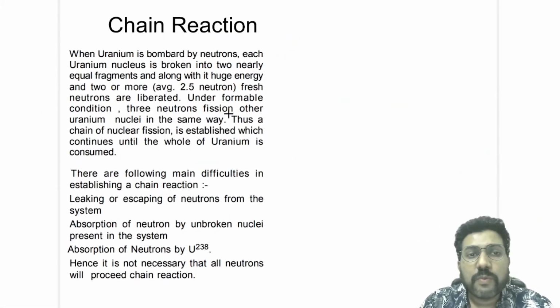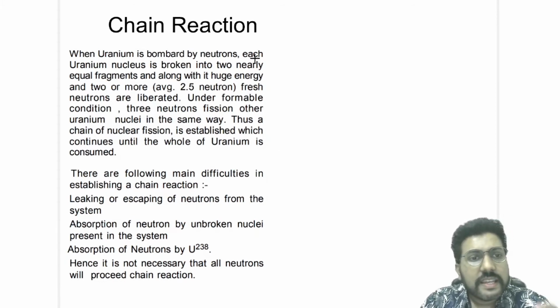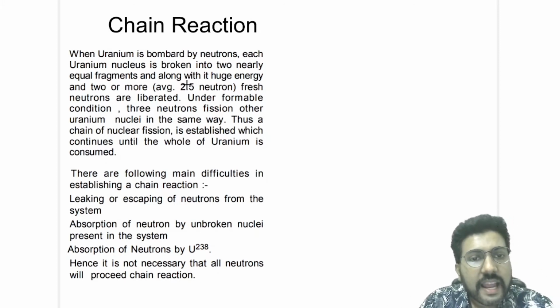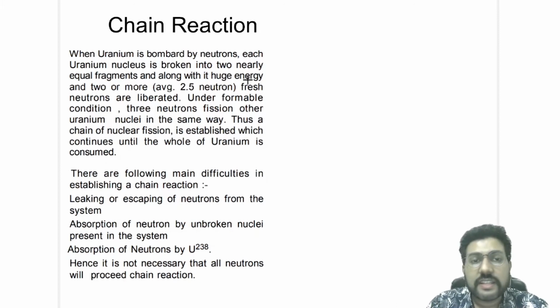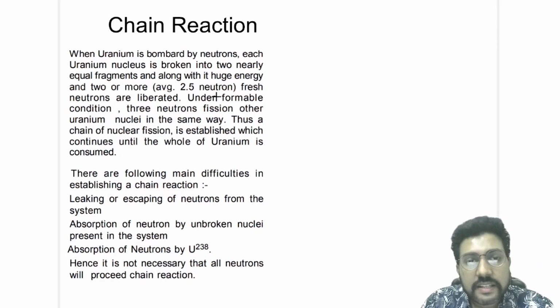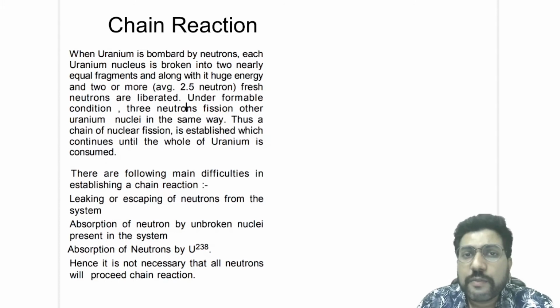Now, what is this chain reaction? When uranium is bombarded by neutrons, each uranium nucleus is broken into 2 fragments, right? And along with it, huge energy is released. Also, on an average, 2.5 fresh neutrons are released. Now, these 2.5 neutrons can take part in the fission, right?